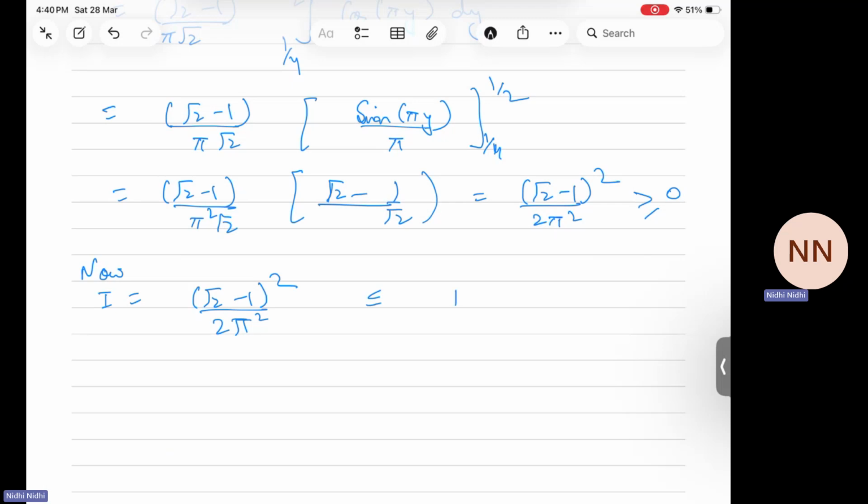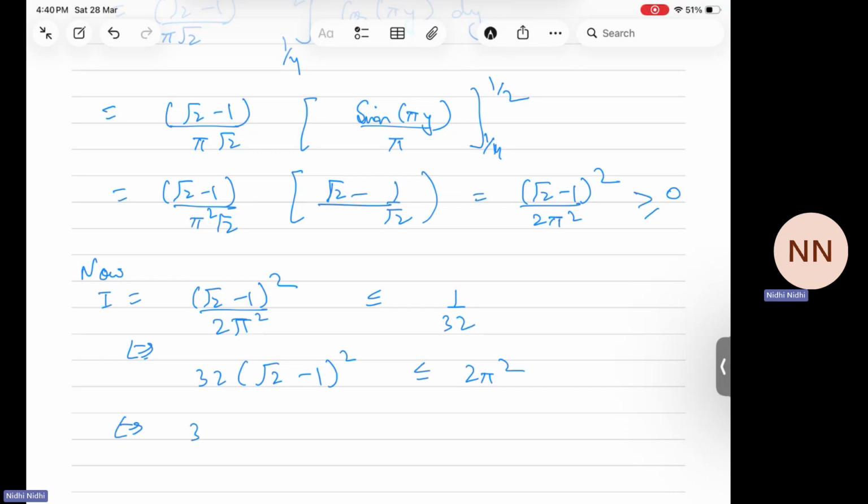This will be less than or equal to 1 by 32 if and only if, let's simplify things a bit, 32 times root 2 minus 1 square is less than or equal to 2 pi square.